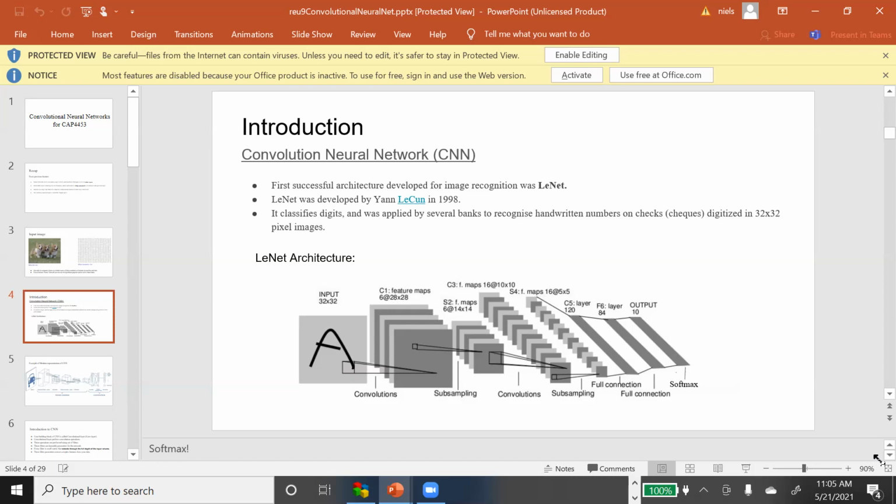I think I'm confused as to why that one input image split into 6 different feature maps. That's a whole different game. You're asking a fundamental philosophical question of the whole thing.